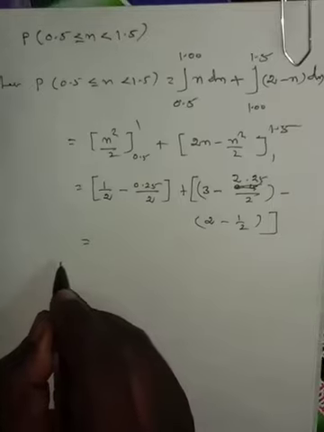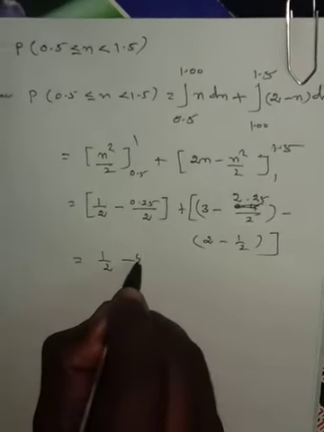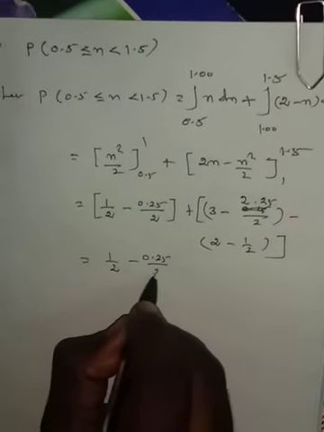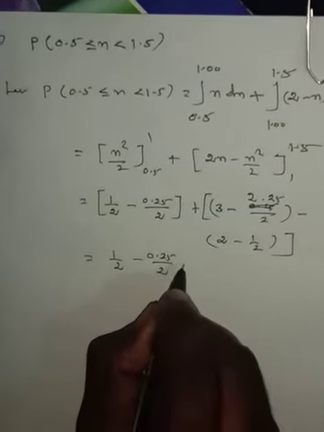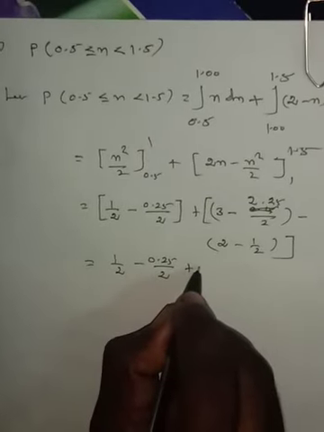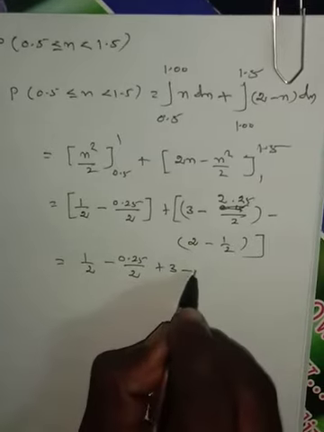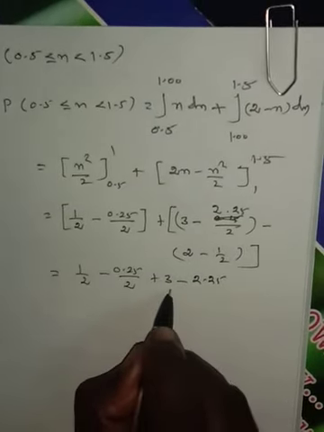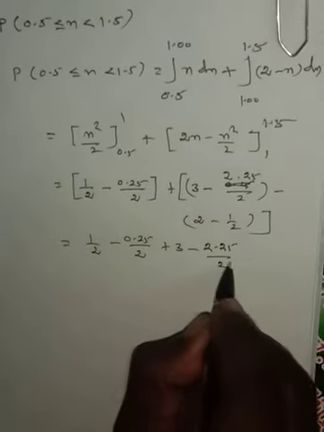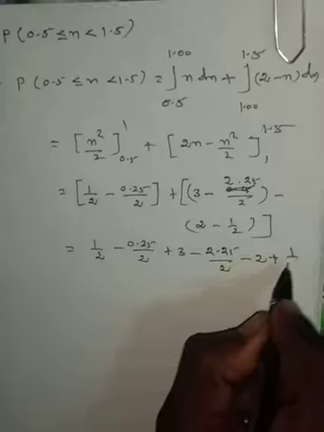Is equal to 1 by 2 minus 0.25 divided by 2, plus 3 minus 2.25 divided by 2, minus 2 plus 1 by 2.